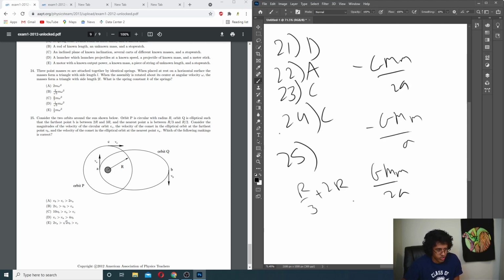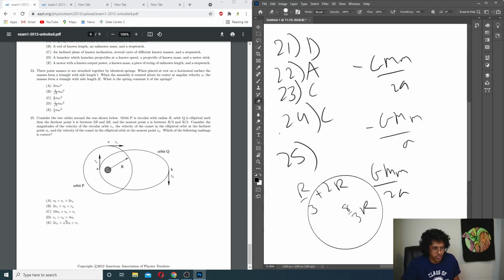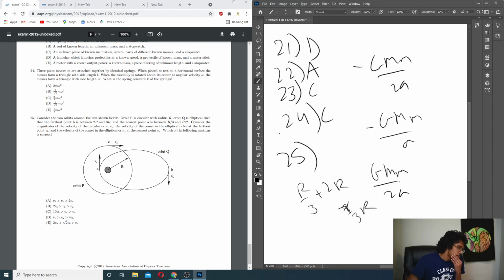So our smallest one is probably going to be 8 over 3r, so sorry, 7 over 3r. Wait, what? Yeah, 7 over 3r. And then once we got our semi-major axis, that's this. Let me see. So if it's closer, you have, wait, how does this work?